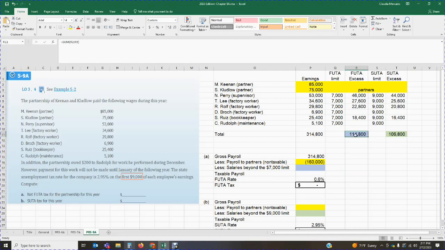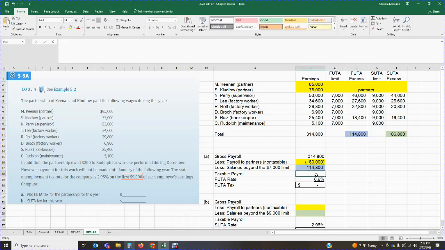That represents the amount above the $7,000 by employee. We did an analysis. We compared the earnings to the limit and then we calculated the excess. So we are going to pay taxes on $7,000. This is a taxable amount. $46,000 not taxable. So I'm going to pick up my total of $114,800. That represents the amount of wages that are above my cap of $7,000.